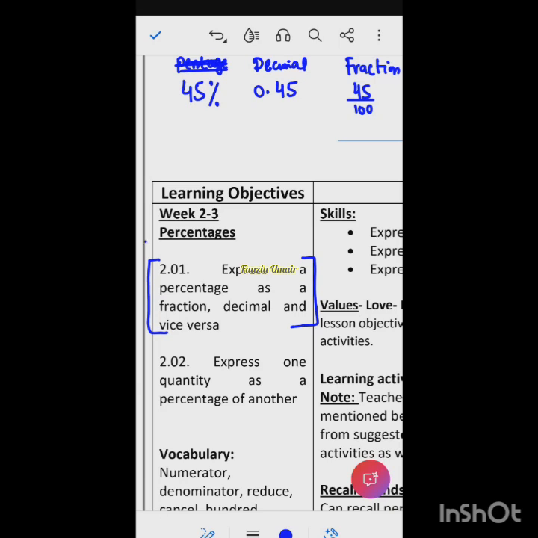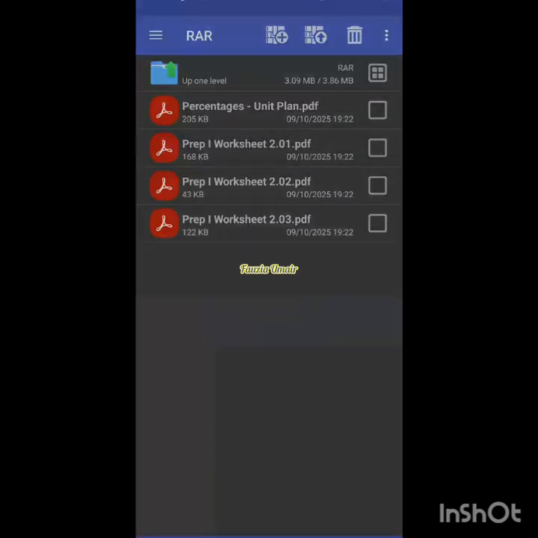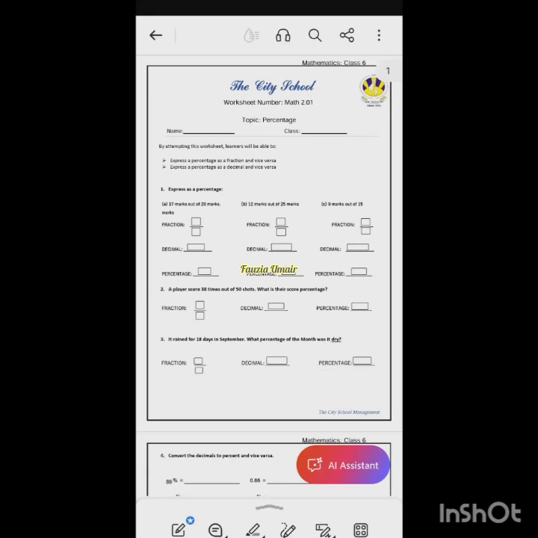So we are going to change percentage into decimals or fractions, or vice versa. If decimal is given, we will convert it into percentage and fraction. So this is what we are going to do right now. So we will start with the first worksheet and then we will solve questions from the book also. All right.